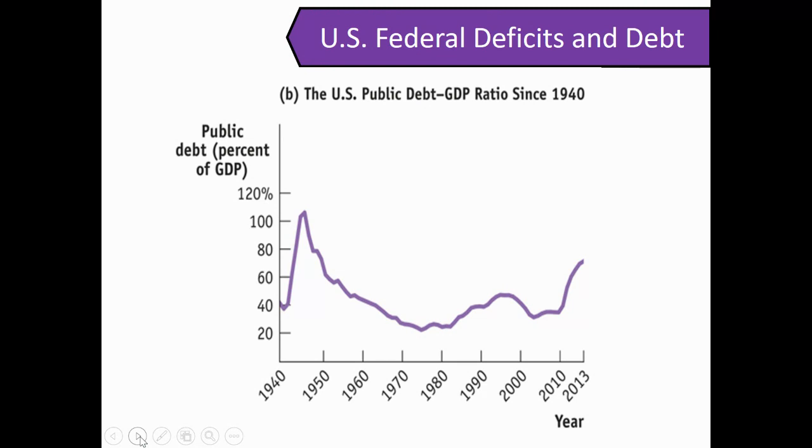Here is the actual ratio, and you can see it's a little bit higher. But once again, we're staying relatively low here. We went a little high here because of the 2008, 9, 10 recession. And once again, that's kind of a normal thing.